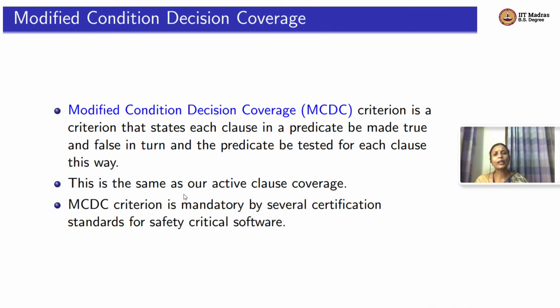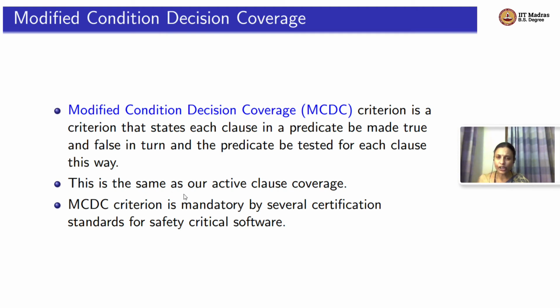If you Google for popular terms in software testing, you are highly likely to encounter this term called modified condition decision coverage, abbreviated as MCDC. This is a popular criterion that several certification standards mandate for testing. What is called MCDC is what we call active clause coverage. The decision is the whole predicate.